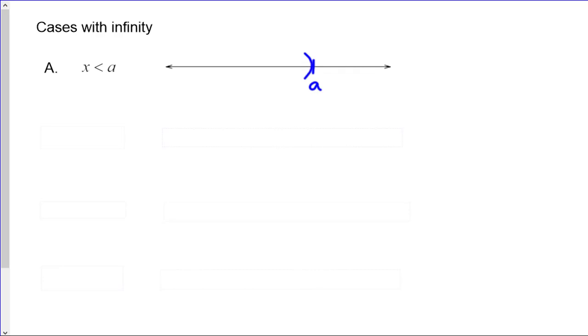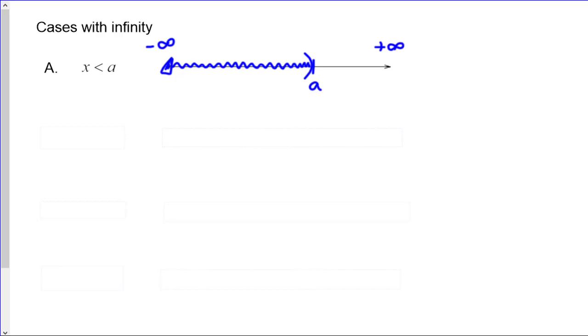If you use a parentheses, you want to point it in the direction of the way you're going to be shading. So I would shade this direction, because I want the values that are less than a. And remember, this goes all the way down to negative infinity, and this direction I go all the way to positive infinity.